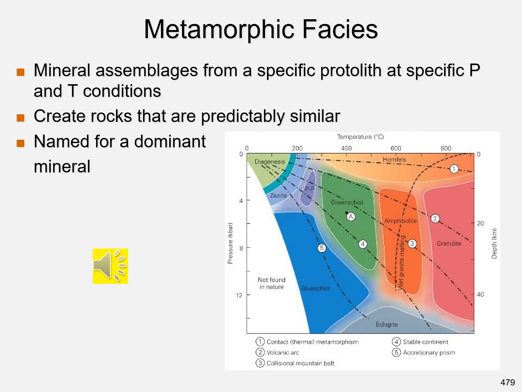For example, a rock subjected to the pressure and temperature at point A, 4.5 kilobars and 400 degrees centigrade, develops a mineral assemblage characteristic of the greenschist facies.